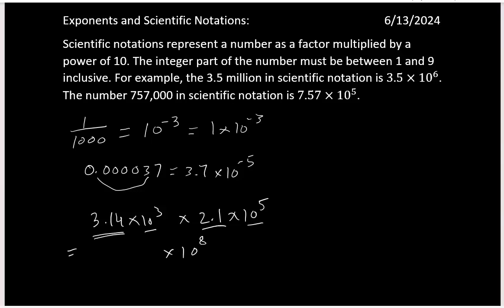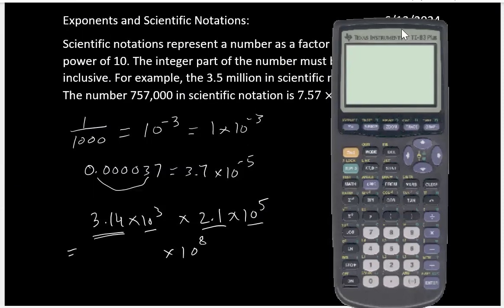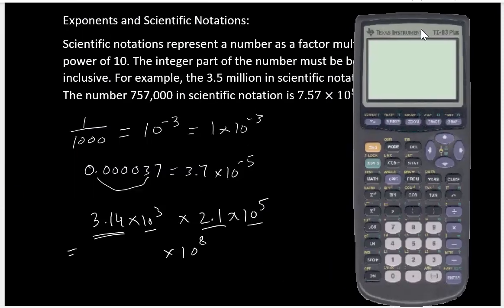We can do it on the calculator to save time, because we want to understand the basic rules of scientific notation. So we just take a calculator and multiply 3.14 with 2.1.